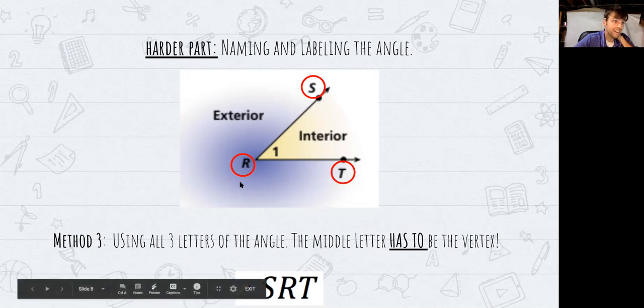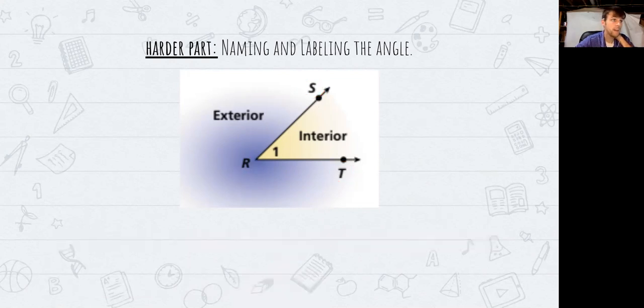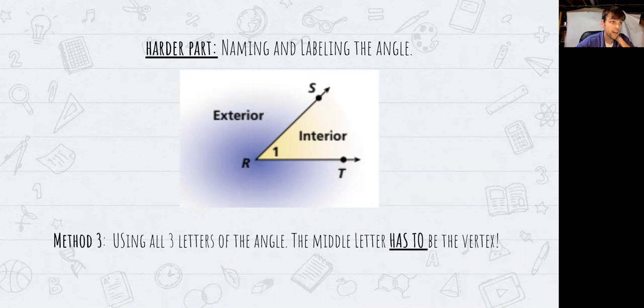The middle letter has to be the vertex. So when you're looking at one of these namings with 3 letters, which letter is in the middle tells you which point is the vertex of the angle. R, that one's the vertex. Alternatively, we don't have to do SRT. We could go the other direction on this.